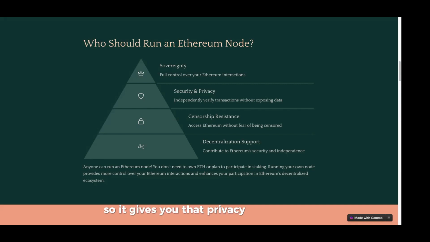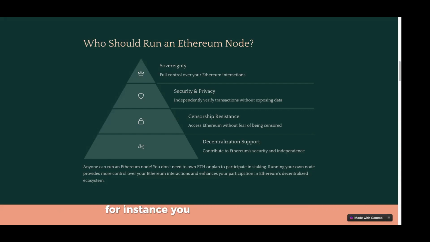So it gives you that privacy and security. The security is in the sense that you can verify your own transactions and blocks following the protocol rules, and you don't need to trust other services for this information.